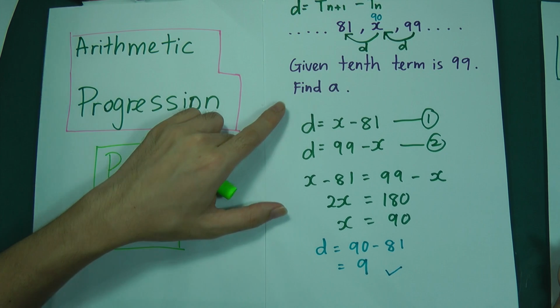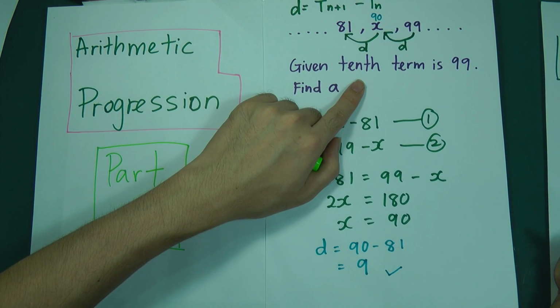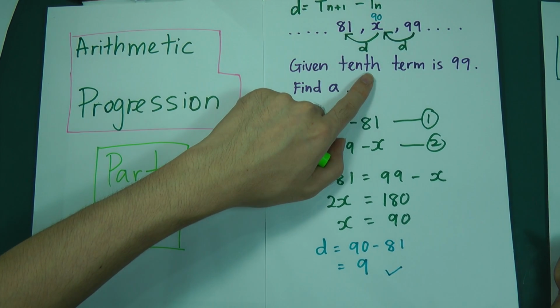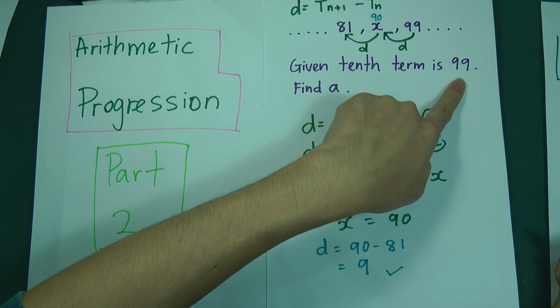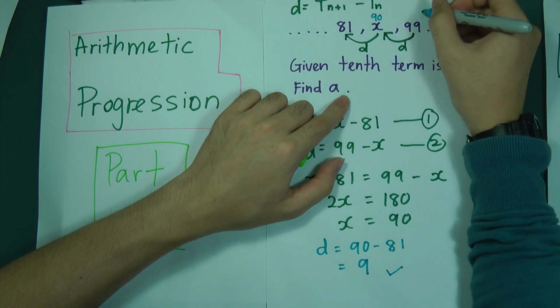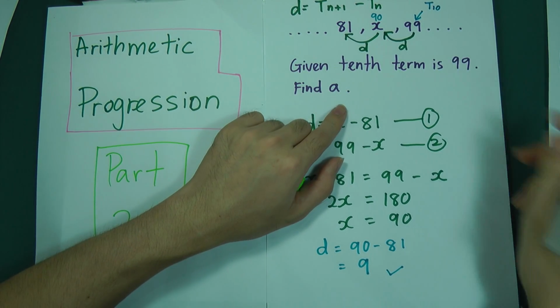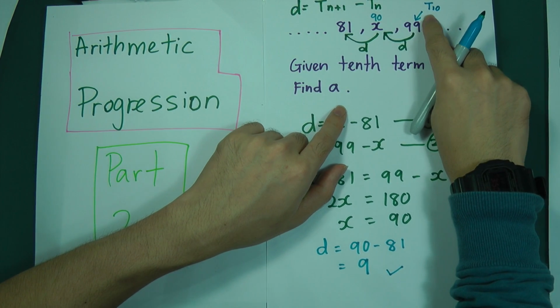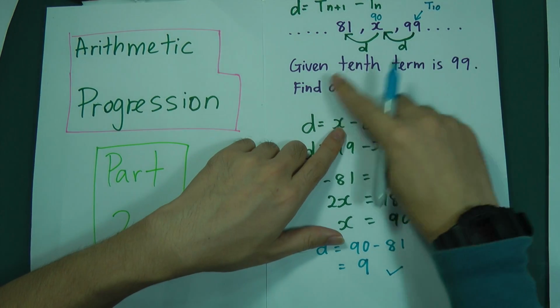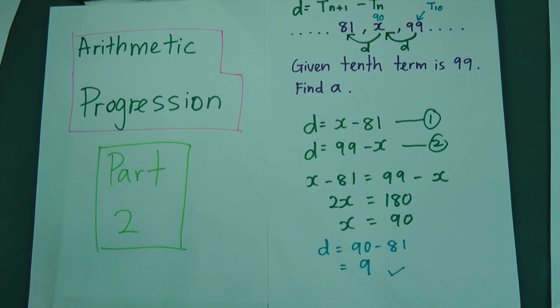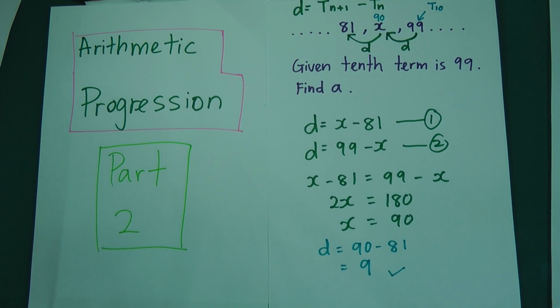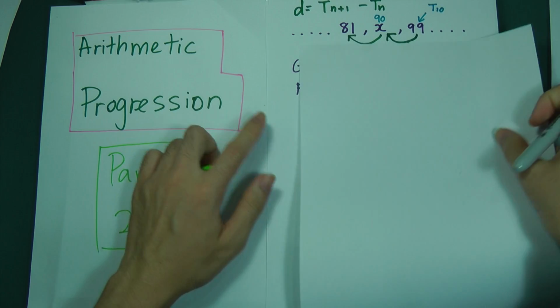And then he gives you one piece of information. He said given that the 10th term is 99, means 99 is actually T10. Then he asks you to find A. Since I know T10 equals 99, it will be very simple for me to solve this question.